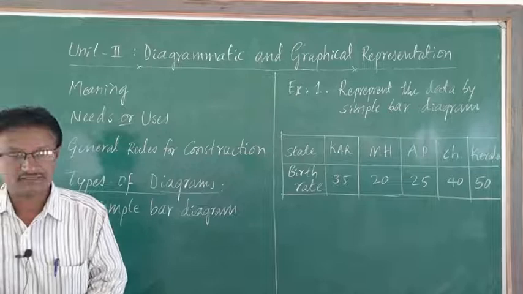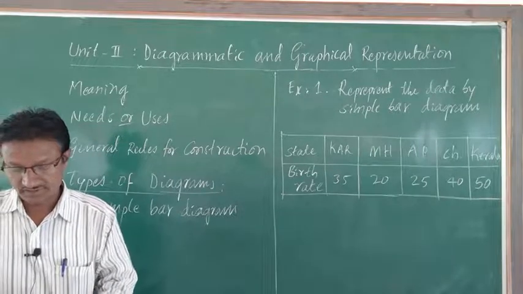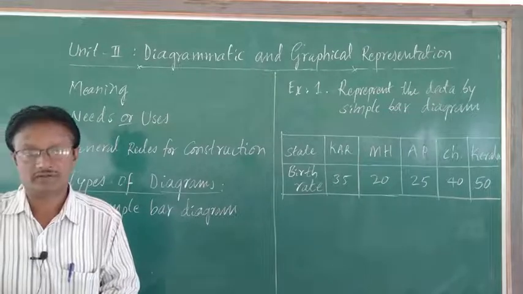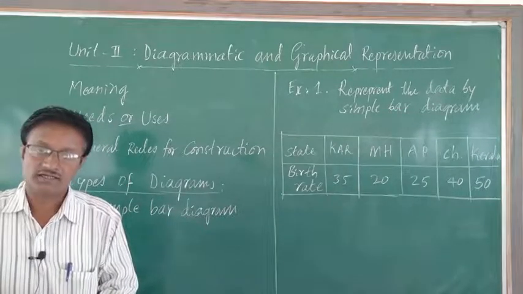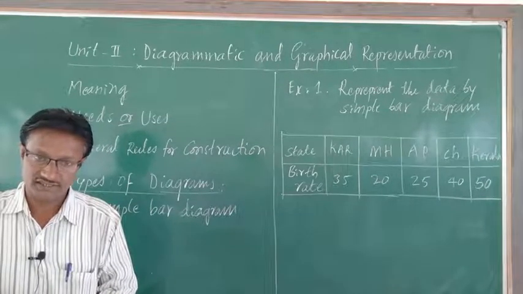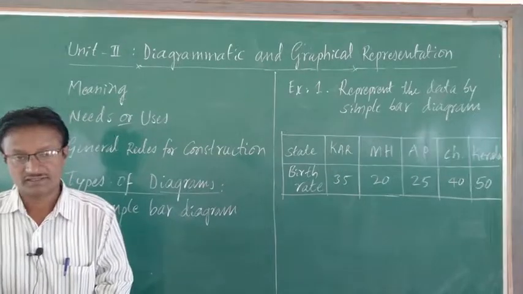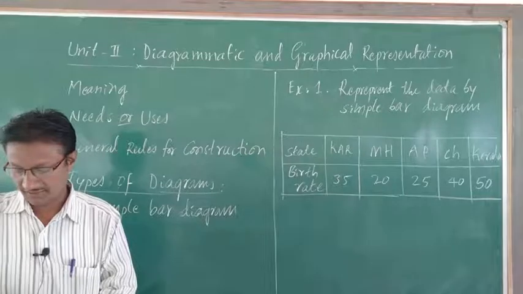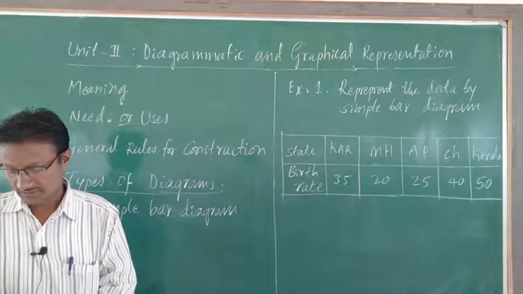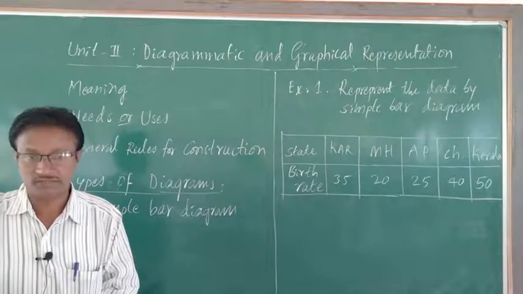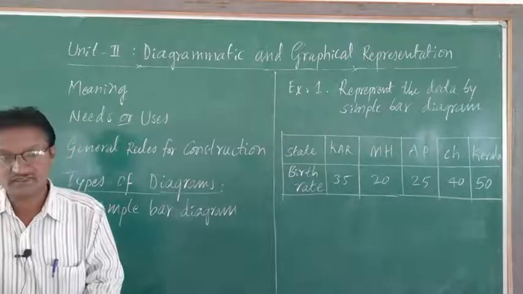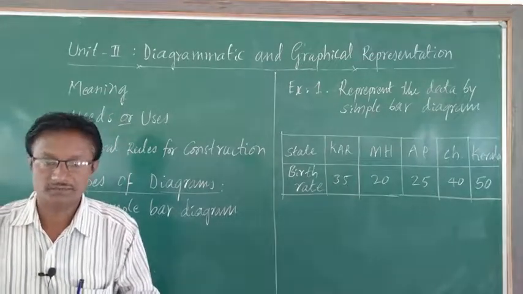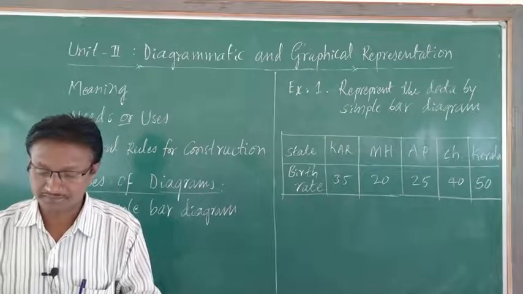And next, number 5 is an index should be given for different markings, colors, shades, etc. And number 6 is footnotes can be used to explain certain points about the diagram, and usually footnotes are given at the bottom of the diagram.